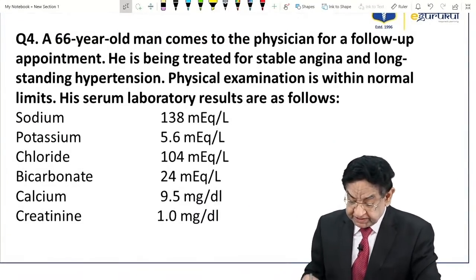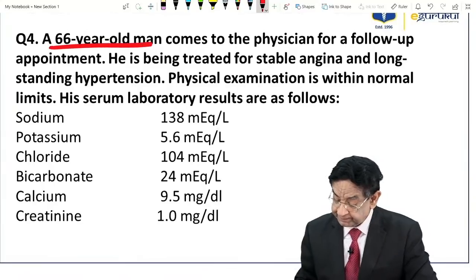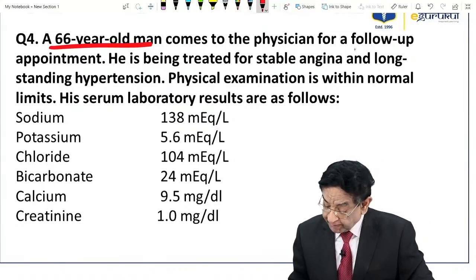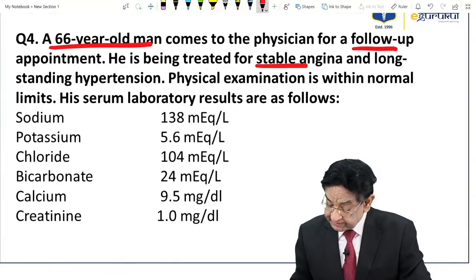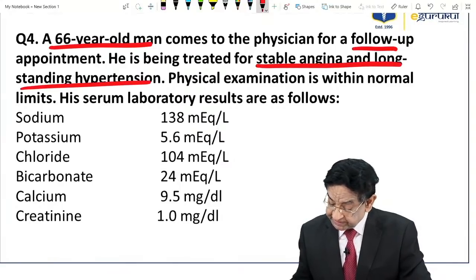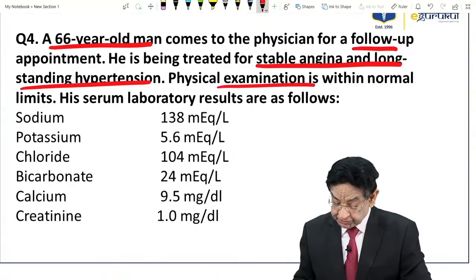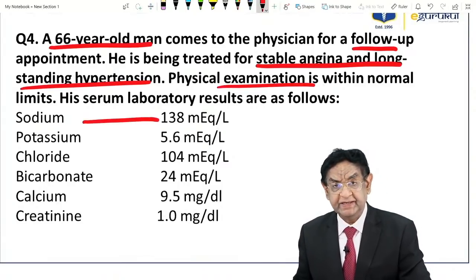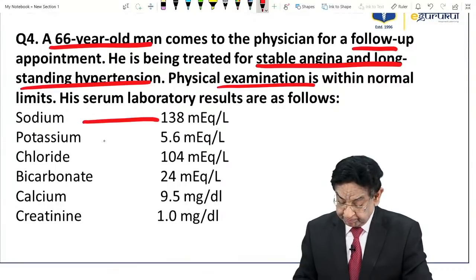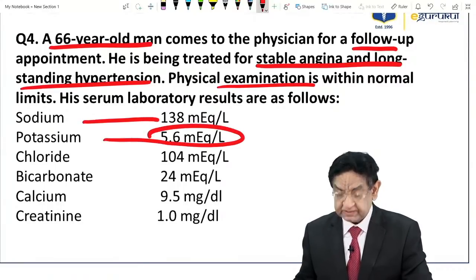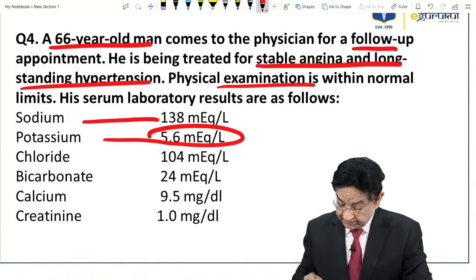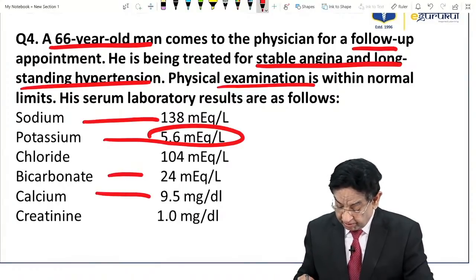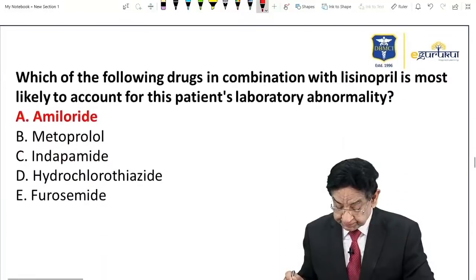We get a 66-year-old male for a routine follow-up appointment. He is being treated for stable angina and has long-standing hypertension. Examination is normal. Sodium is 138, normal. Potassium 5.6, slightly on the higher side. Calcium is normal, bicarb normal, creatinine normal.